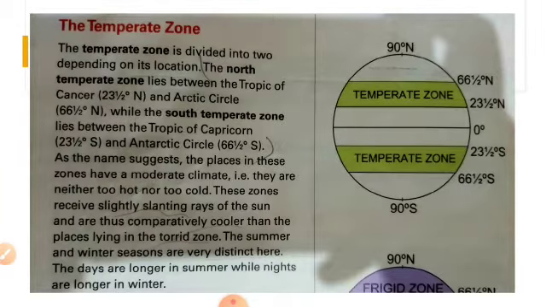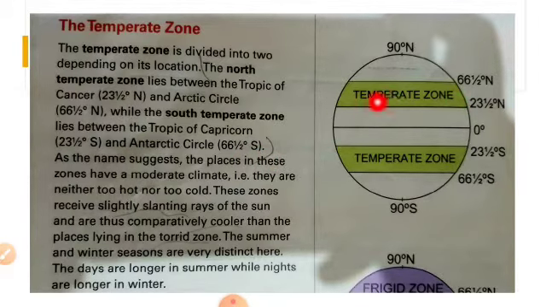Next one is the temperate zone. The temperate zone is divided into two depending on its location. The North Temperate Zone lies between the Tropic of Cancer, 23 1/2 degrees north, and the Arctic Circle, 66 1/2 degrees north, while the South Temperate Zone lies between the Tropic of Capricorn, 23 1/2 degrees south, and the Antarctic Circle, 66 1/2 degrees south.